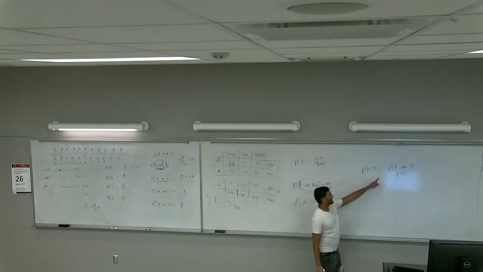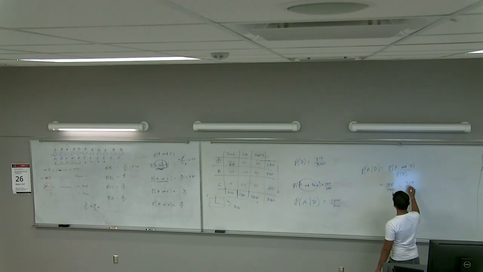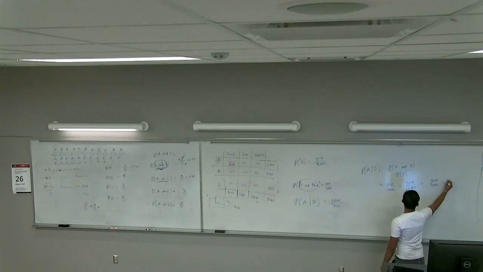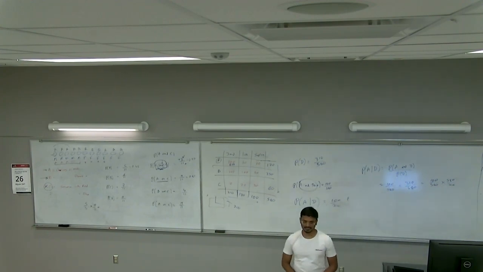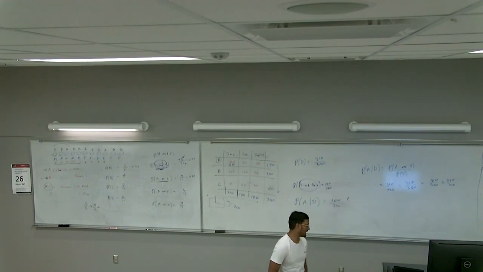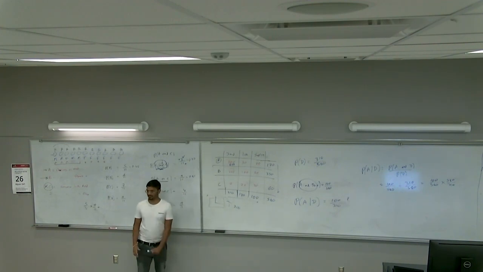Right? Now, if we substitute it into this equation, we have 100 divided by 580, divided by 310 divided by 580, and that will be equal to 100 times 580 divided by 580 times 310. So you have to have a very clear idea about conditional probability.